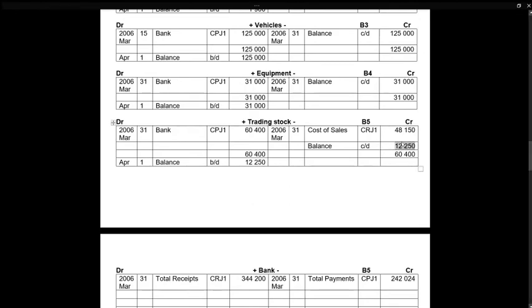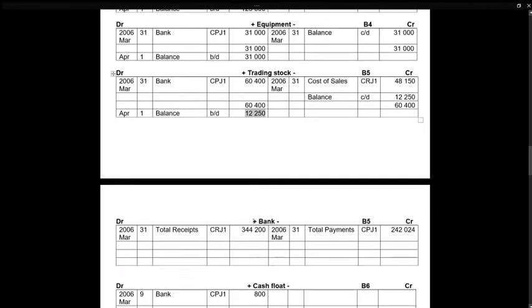That's all that I did here, calculated the difference. Therefore it means I will start 1st of April with trading stock to the value of 12,250. Then I will buy a bit, then I will sell a bit, and then the 1st of May, I will start with a new opening balance.